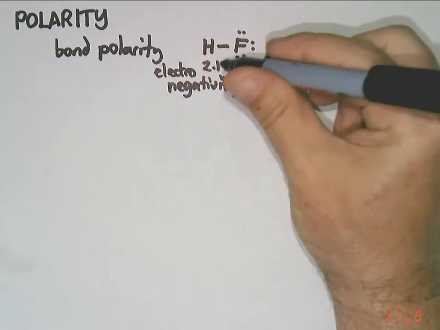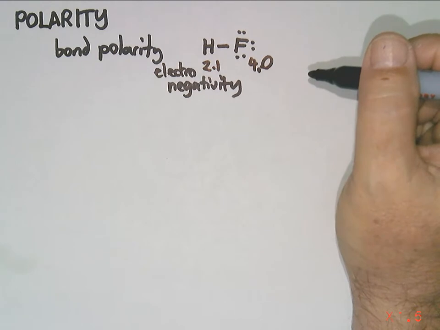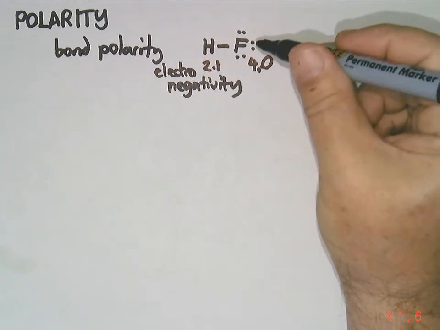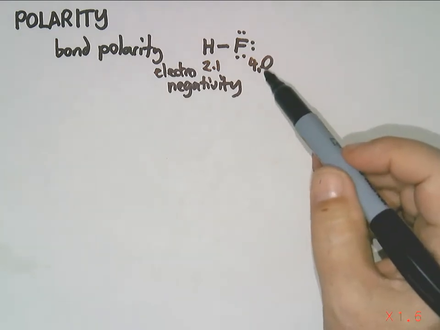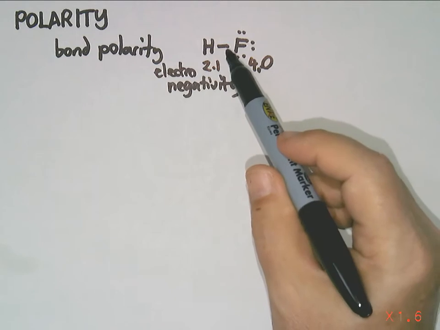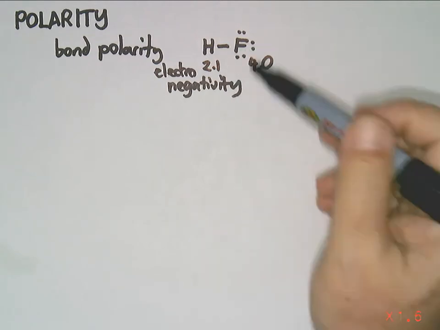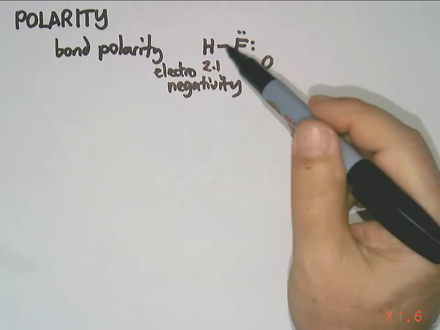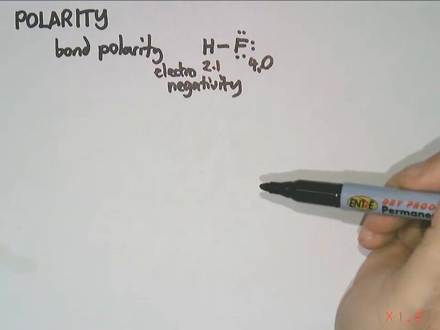And I can see that those electronegativities are very different. Remember what electronegativity was. It was a score that told you how greedy that atom was for bonding electrons. The fact that this one's got a 4 and this one's only got a 2.1 means that this fluorine is going to be grabbing on to those bonding electrons more tightly than the hydrogen does. There's a tug-of-war for the bonding pair, and the fluorine is going to be winning it.